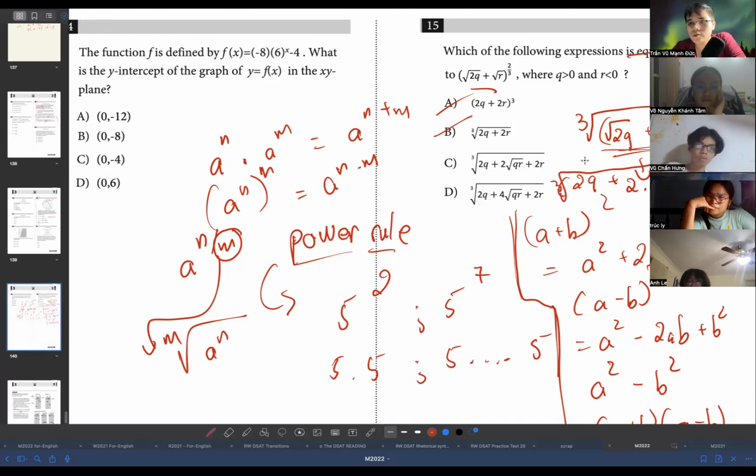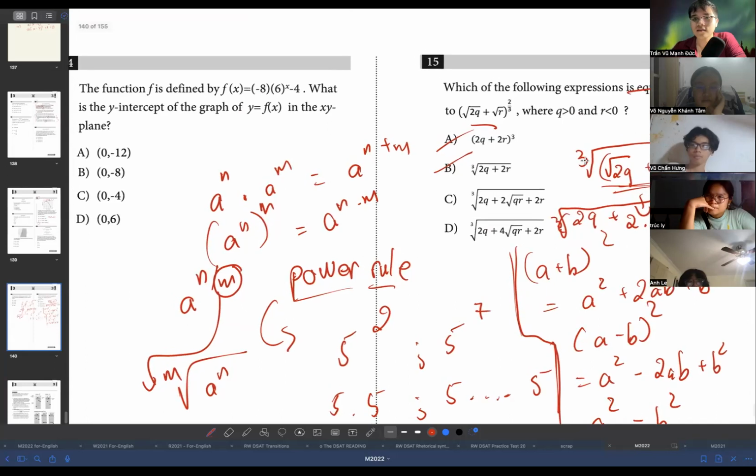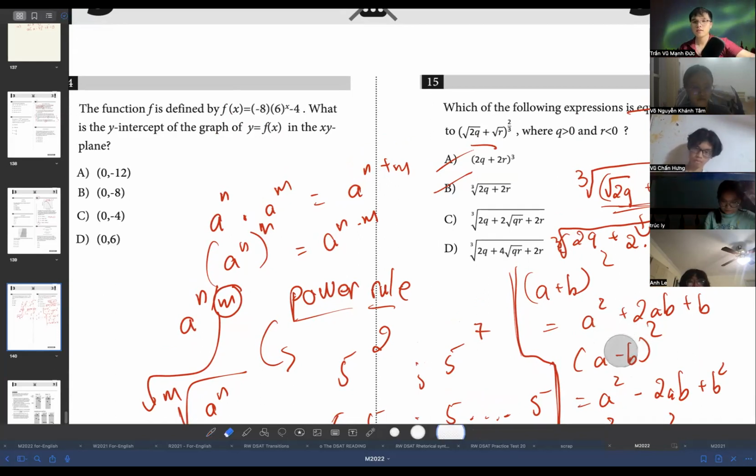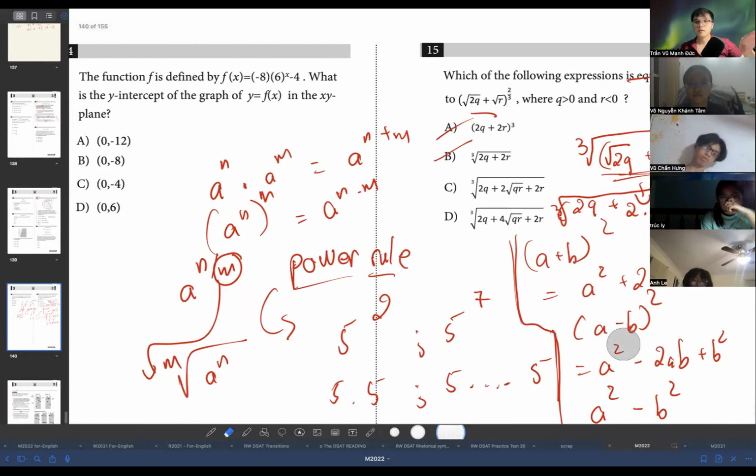So square root of 2. Wait a second. Is this question wrong? It's kind of weird. Let me check. I think I typed it wrong. 15. Wait. It shouldn't be like this. Squared and I don't think this is correct.